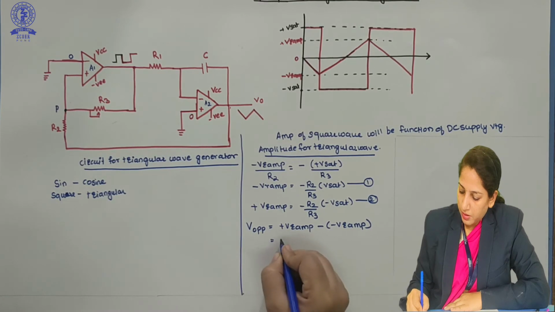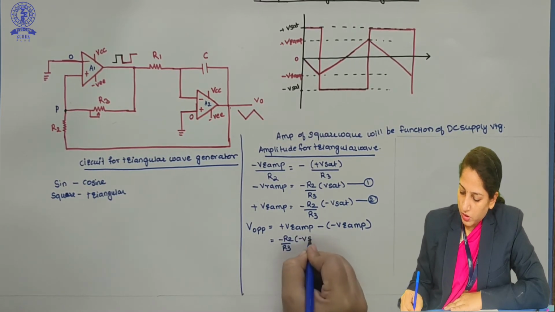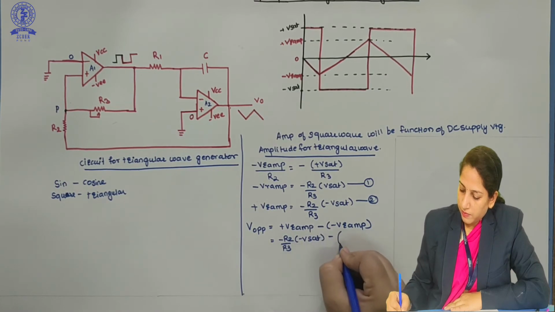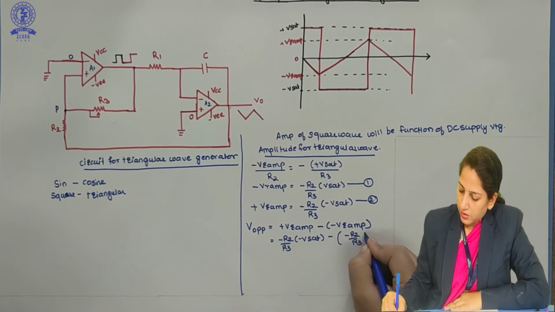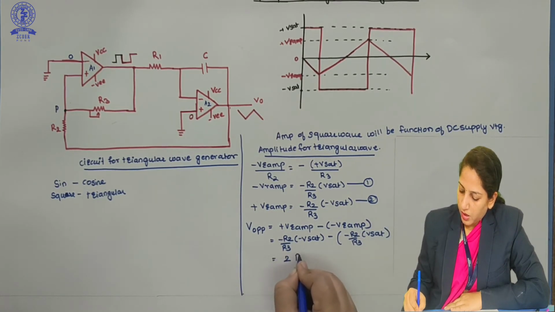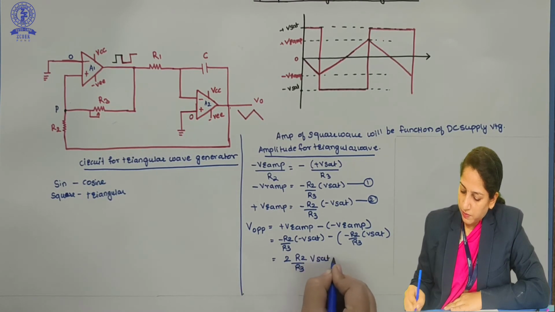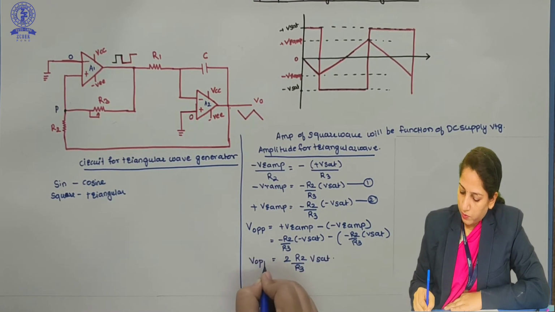It will become minus R2 upon R3 minus V saturation, minus minus R2 upon R3 V saturation. So this will be equal to 2 R2 upon R3 V saturation, the V output peak to peak voltage.